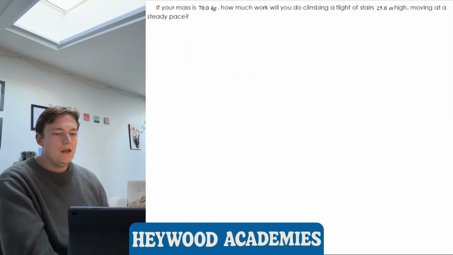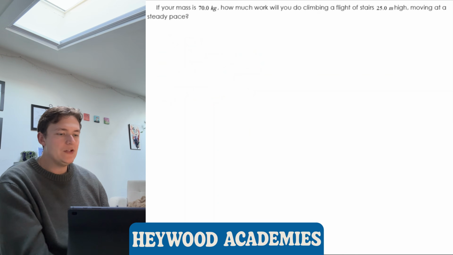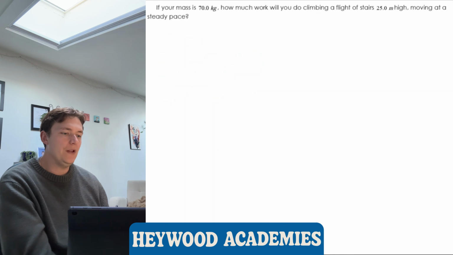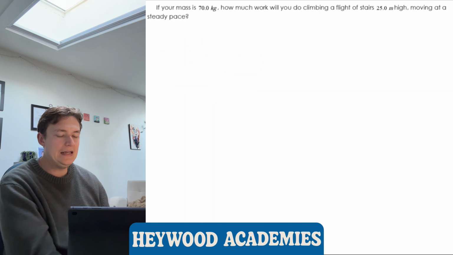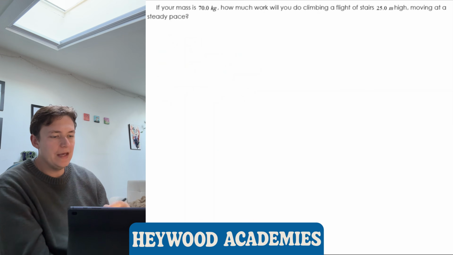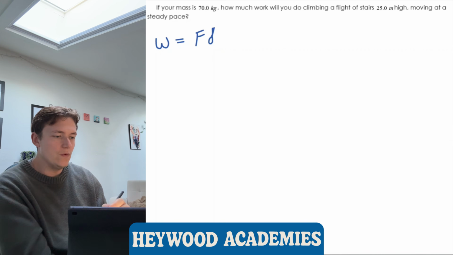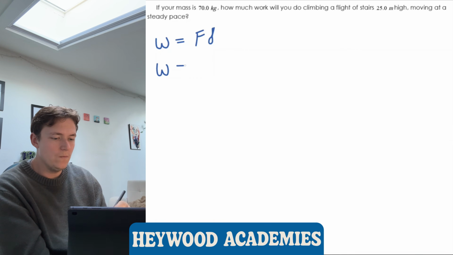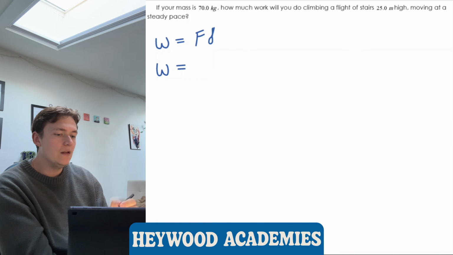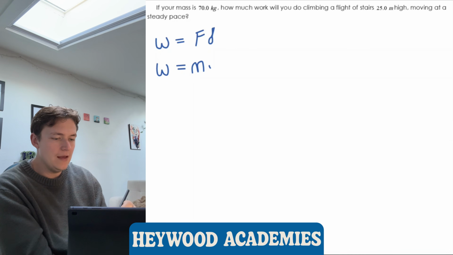If your mass is 70 kilograms, how much work will you do climbing a flight of stairs 25 meters high, moving at a steady pace? Okay, so work is equal to force times distance. In this case, the force that we're talking about would be the force to overcome the force of gravity. So we could do mg as the force times distance.